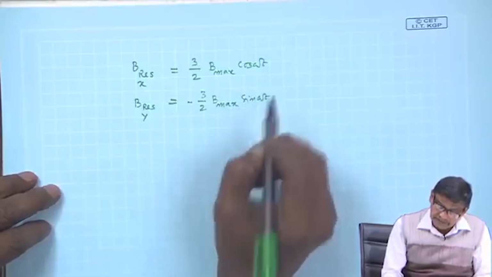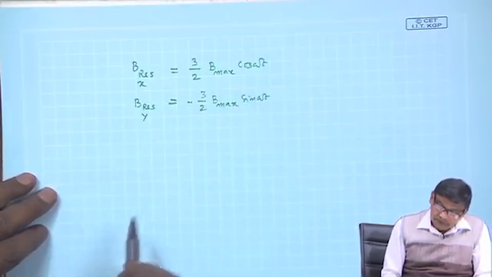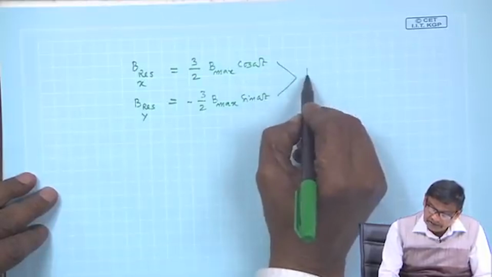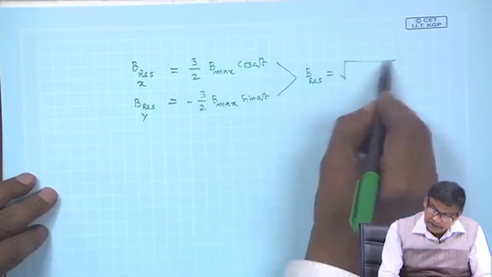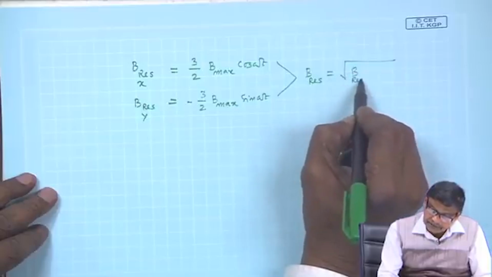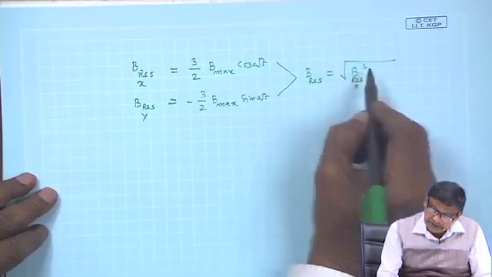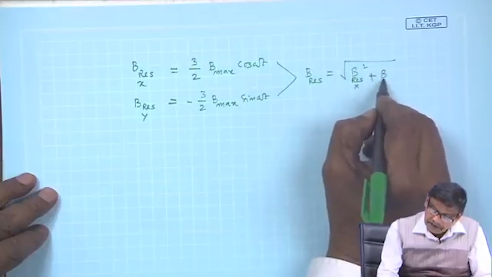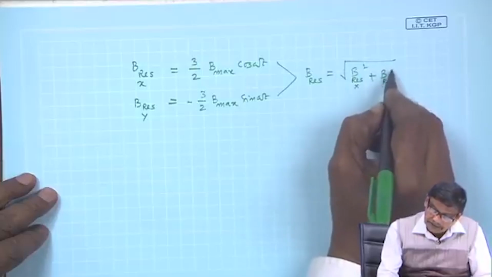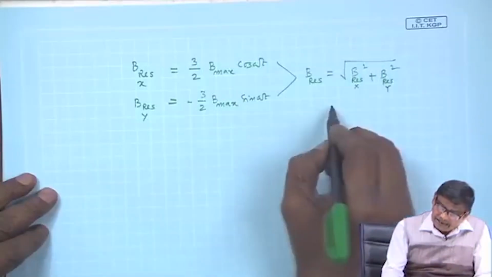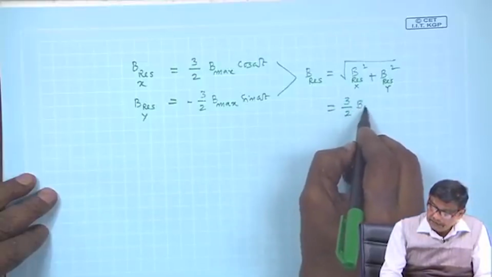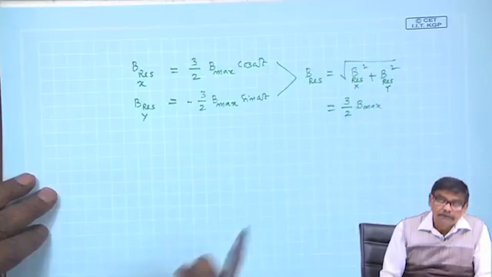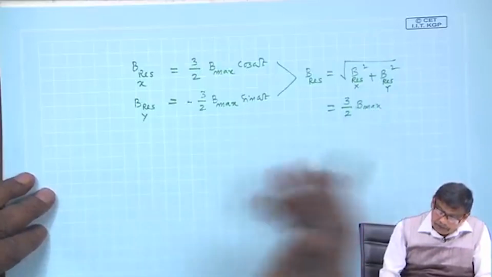So, what will be the B resultant magnitude? It will be under root B resultant x squared plus B resultant y squared, and that is nothing but 3 by 2 B max, is it? And where will be its position?